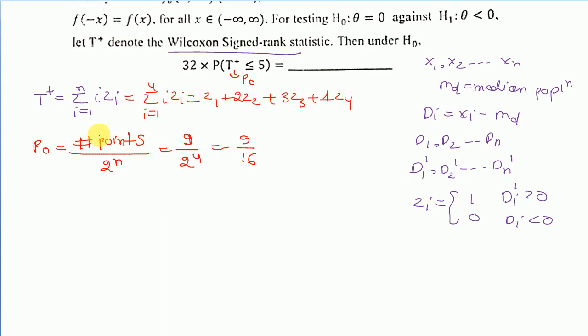Although even I am not able to understand that much, I am trying even this time to study those 2 books. So finally P naught is calculated as 9 by 16, and your 32 P naught equals 32 times 9 by 16, which is equal to 18. So this is your final answer.